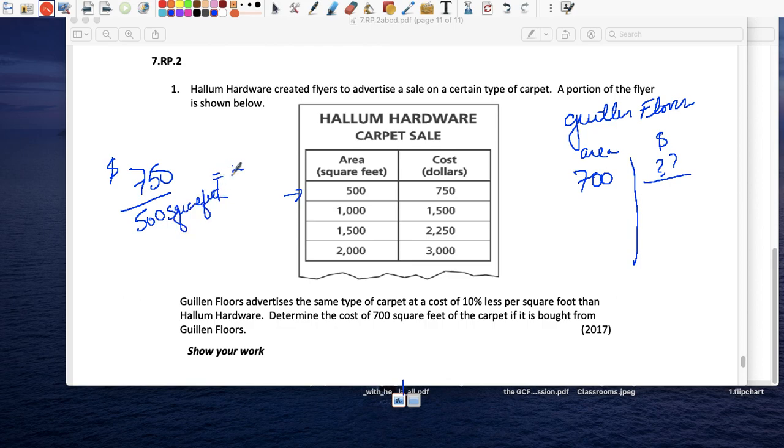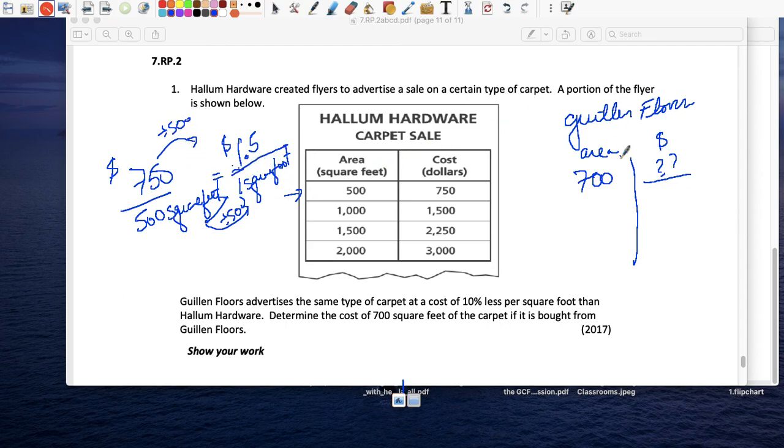Now, let's find out what 1 square foot is. All you gotta do is divide 750 by 500. And you get that they're charging $1.50 per square foot, right? Divide this by 500, divide that by 500. So each square foot is $1.50.